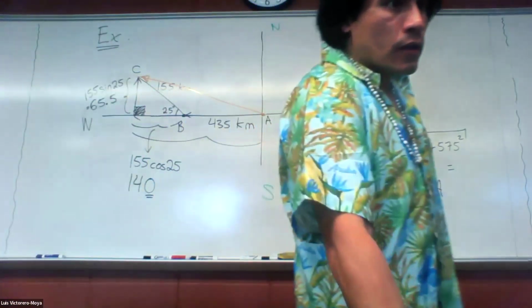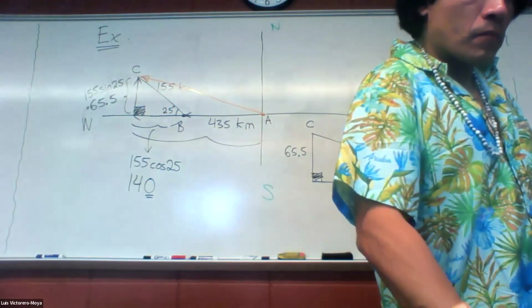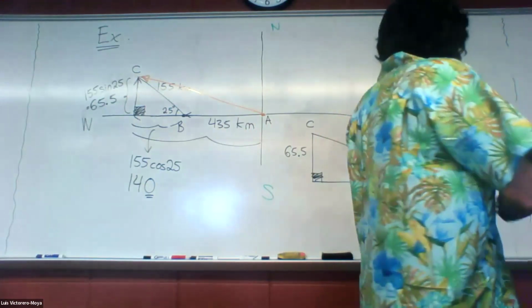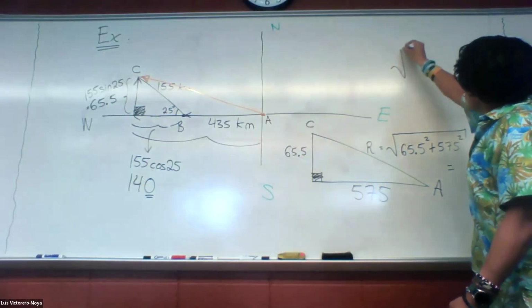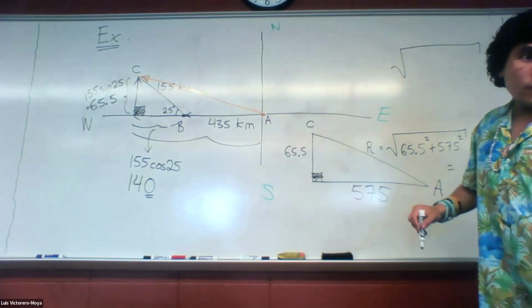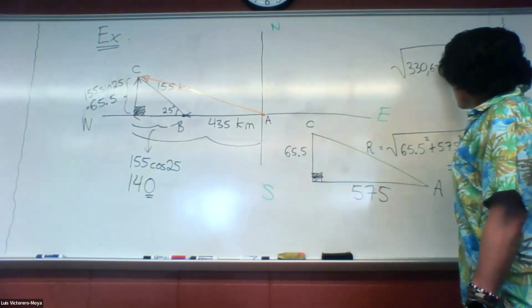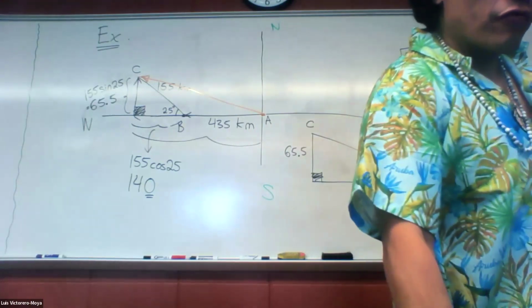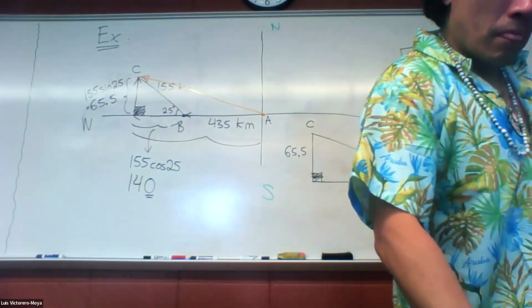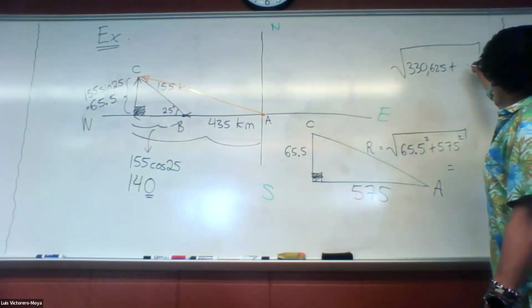Yeah. So those numbers, let's see. Okay, so this is the square root of 336.25 plus 65.5, 4290.5.